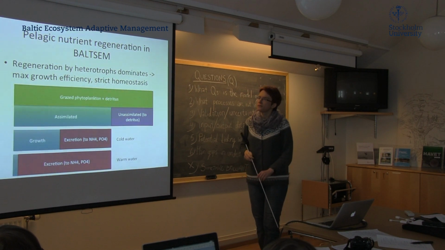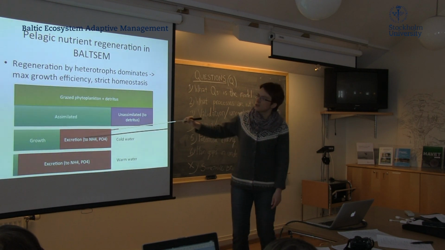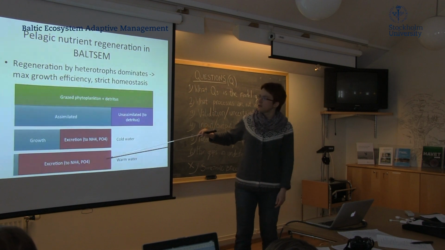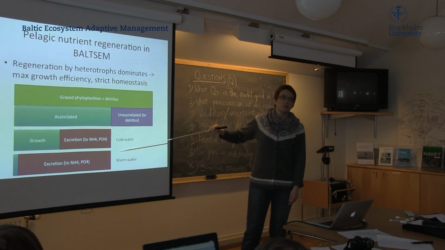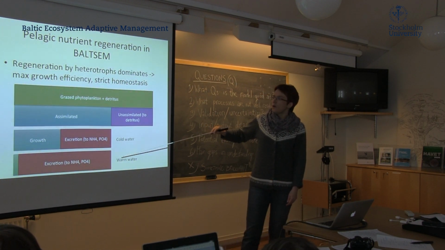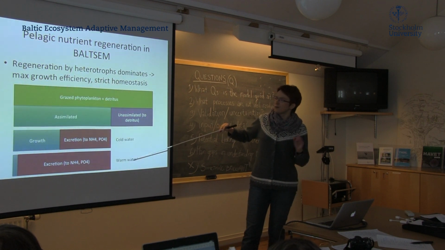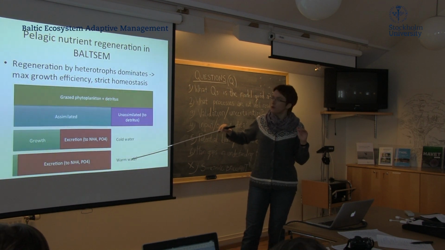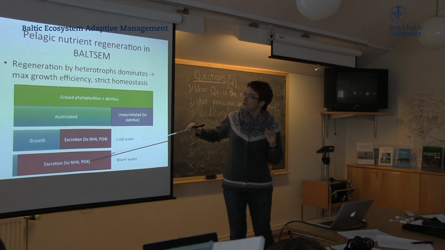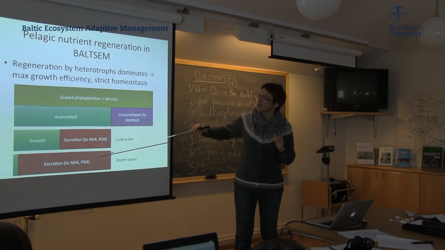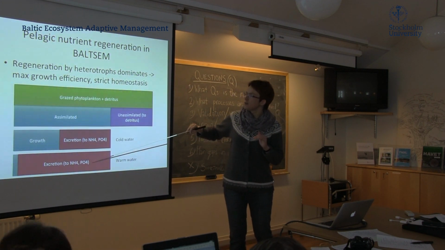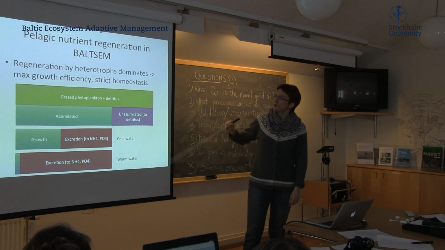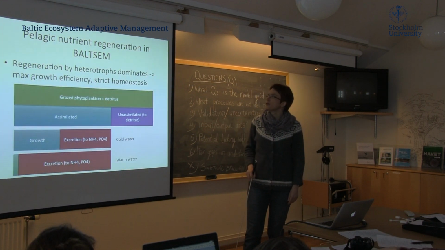And the fraction that is excreted is very temperature dependent. So in warm water we try to simulate something like a microbial loop. So we assume that growth is very inefficient and a lot of nutrients are actually regenerated. And in relatively cold water, they function more like zooplankton.